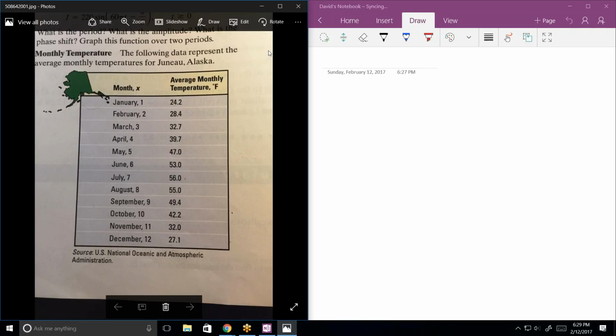Okay. All right. So in order to come up with the sinusoidal function, we need A, B, C, and D, correct? Correct. All right. A is always the maximum minus the minimum divided by 2.